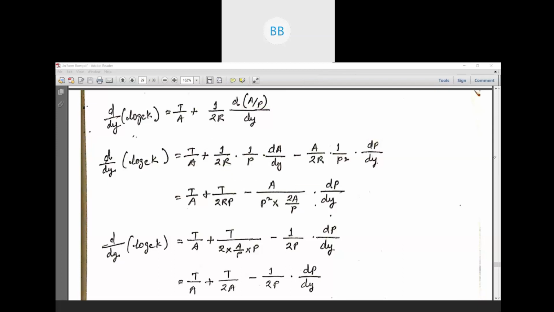So after you do the differentiation of A by P, you will get this expression.